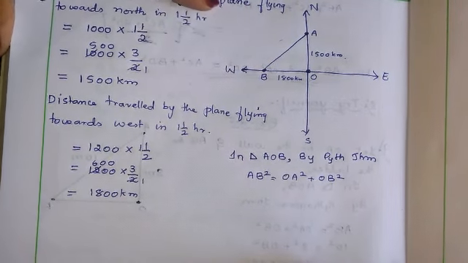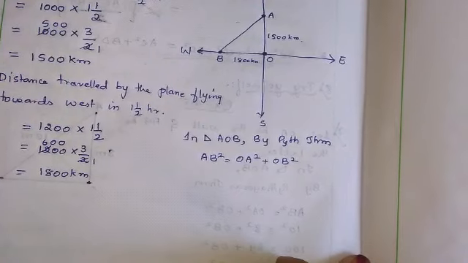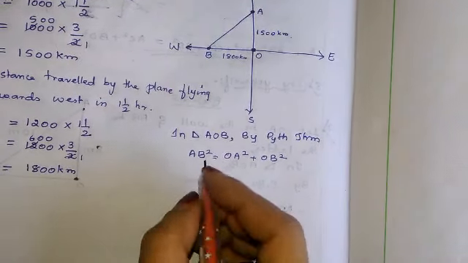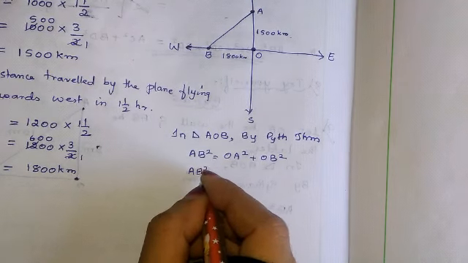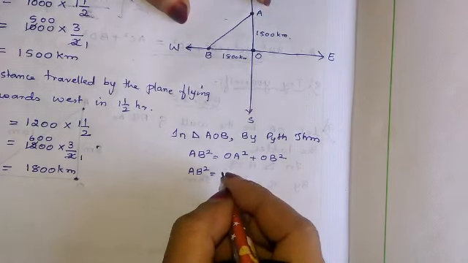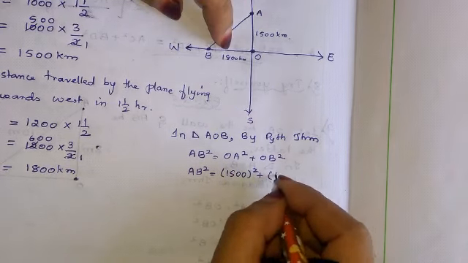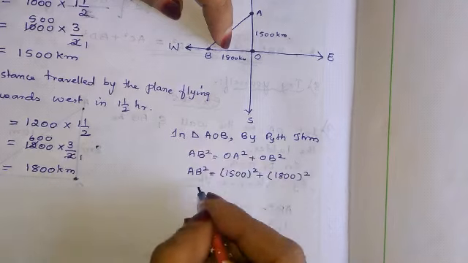So what we have to do? AB we don't know, but OA we know, 1500 square plus OB 1800 square.